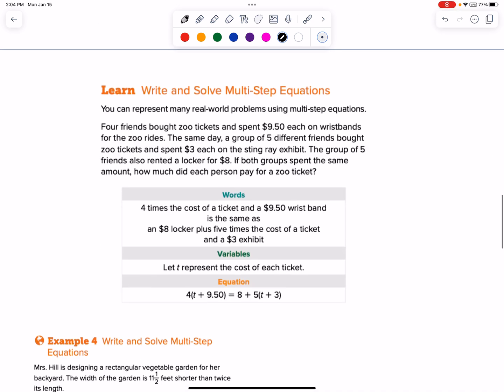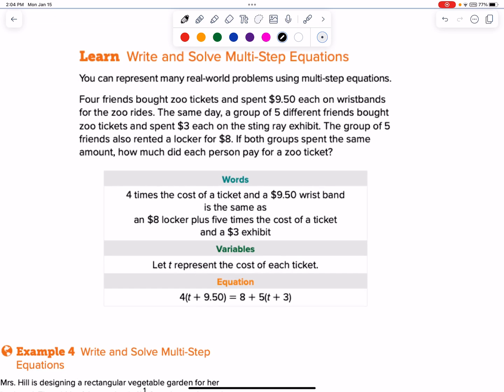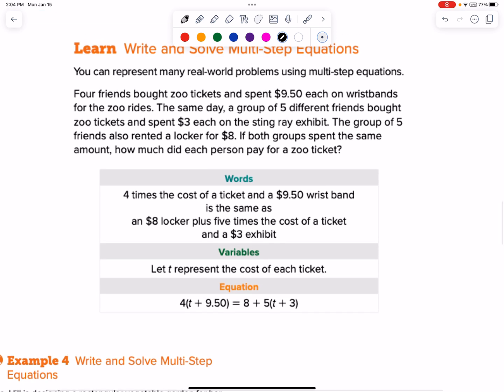All right, let's go down to your write and solve multi-step equations. These ones you're going to walk through just some life situations that lead into distributive on both sides and stuff like that, okay? So the learn one is 4 friends bought zoo tickets, okay, and spent $9.50 each on wristbands for the zoo rides.